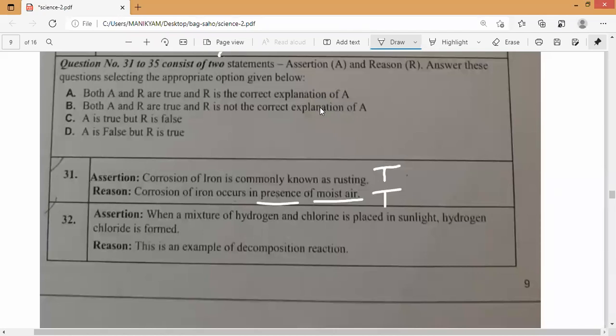Iron is the most corrosive metal, that is why we have kept a special name for it called rusting. So it is not because it is taking place in the presence of moist air. What is the correct answer? Option B, because both statements are correct, but the reason is not explaining the assertion. Analyzing is most important.